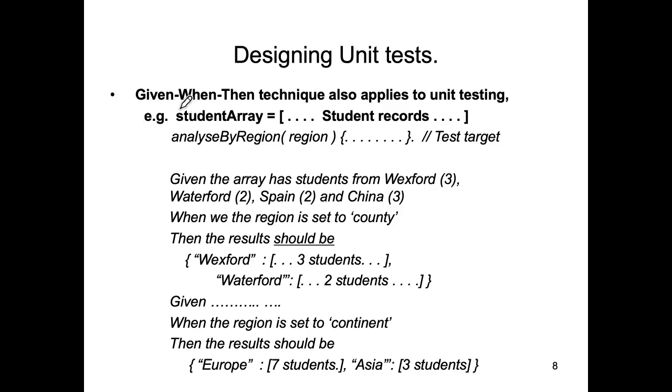Let's suppose, and this is just plucked out of the air, that I've got a function, say in the context of some sort of academic admin support system, called analyze by region. This function operates on an array of student records.